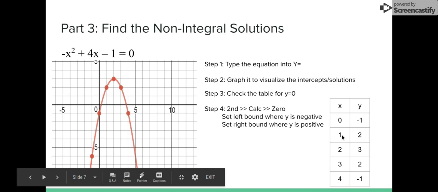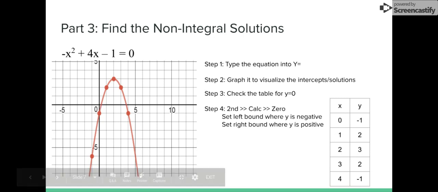So you would say x is 1. So you would type 0 for left bound, enter. 1 for right bound, enter. Then it's going to ask for the guess. Just press enter again for the guess. And then it will tell you the decimal approximation for where this crosses. Take a moment to do that, and I will explain the answer momentarily.